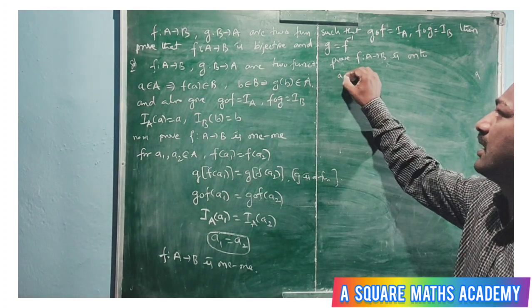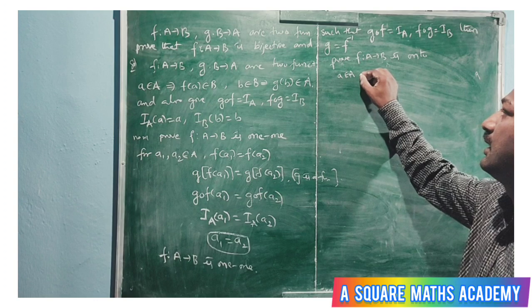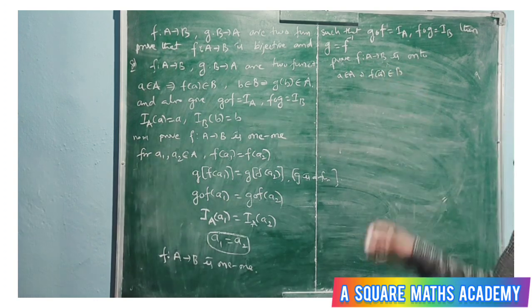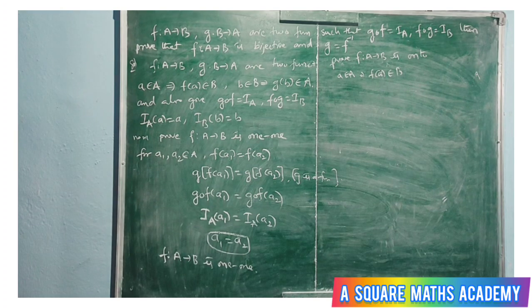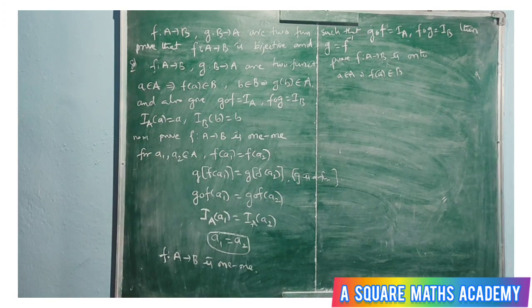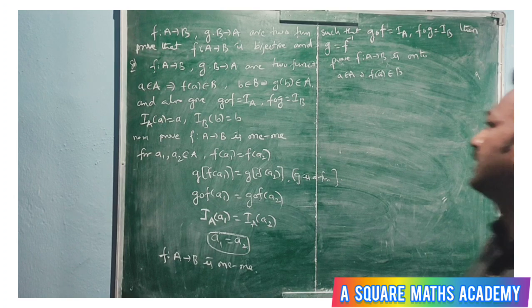Here a belongs to A, that implies f of a belongs to B, we take here. Okay, f of a belongs to B. So f of a is in B. So now what do we prove? f: A to B is onto, that is nothing but we have to prove f of a equals b.